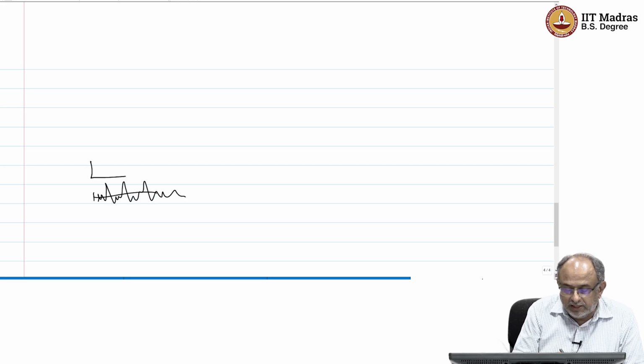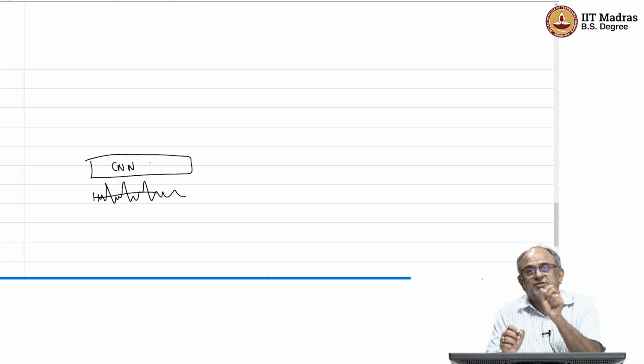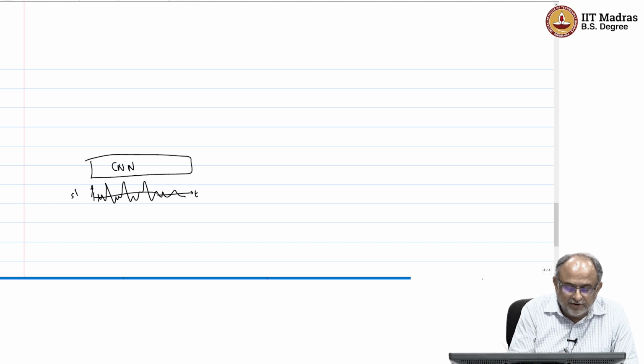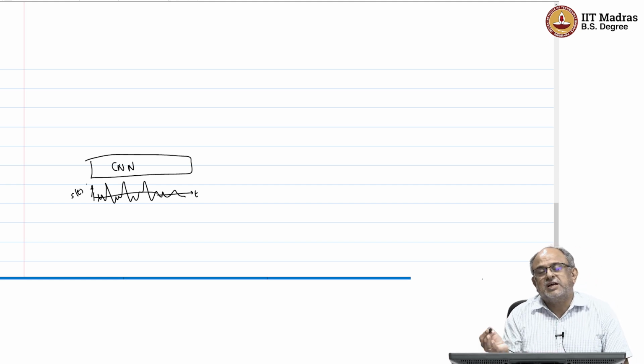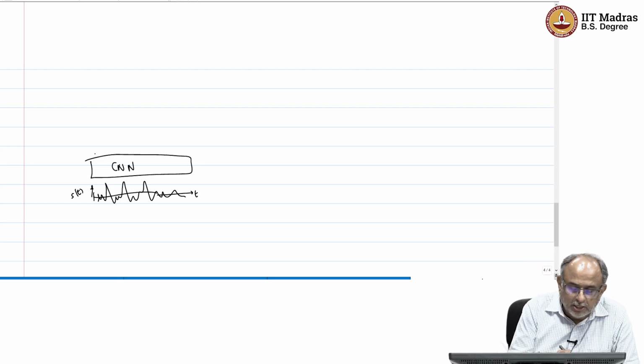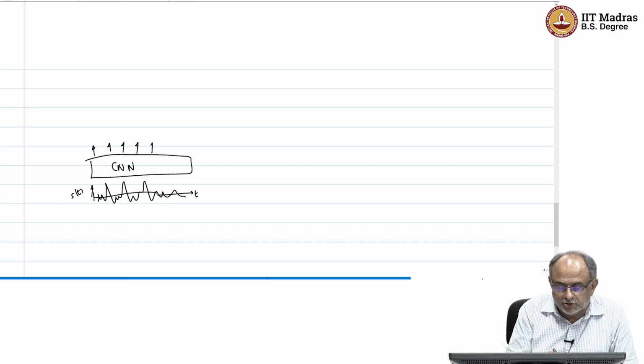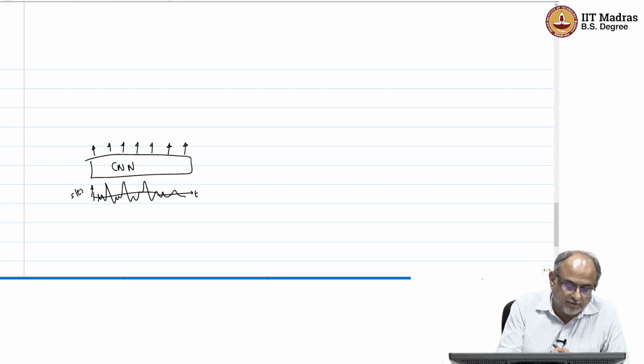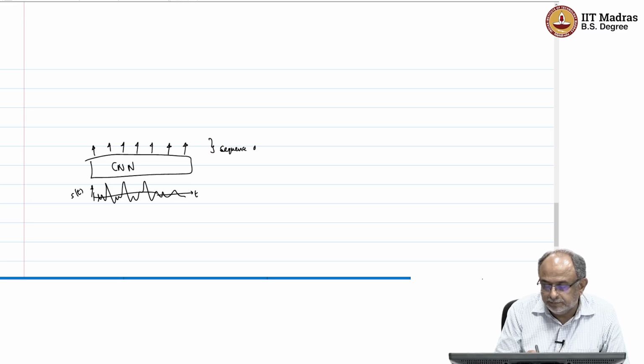Words are discrete units, but speech is a continuous waveform. So, we are going to extract some vectors every 20 milliseconds or 40 milliseconds. That is done through convolutional neural networks. We extract features, which we call embeddings or latent representations, every 20 milliseconds. So, you get a sequence of vectors.